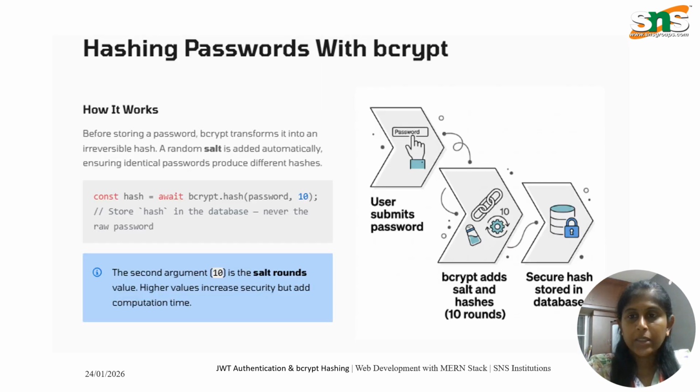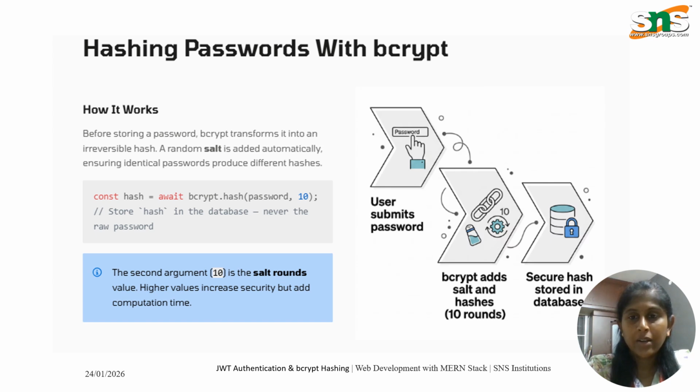This slide explains how bcrypt hashing works. bcrypt first converts the password into a secure hash value. It also adds something called salt. A salt is random data added before hashing. This makes the hash stronger and prevents attackers from using precomputed attacks like rainbow tables. In the example shown here, we use the bcrypt.hash function.